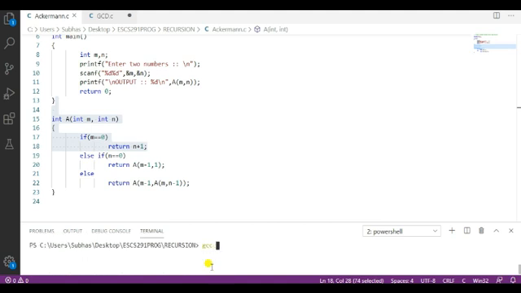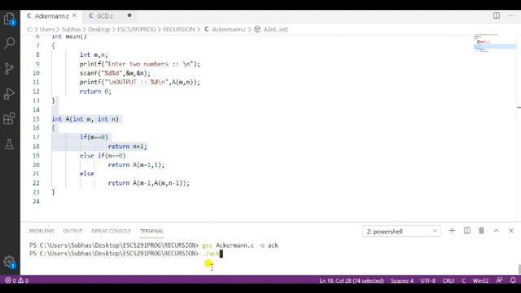So gcc ackermann.c -o ack. This is my output file name. Okay, compilation is done, there is no error. So let me execute this one.